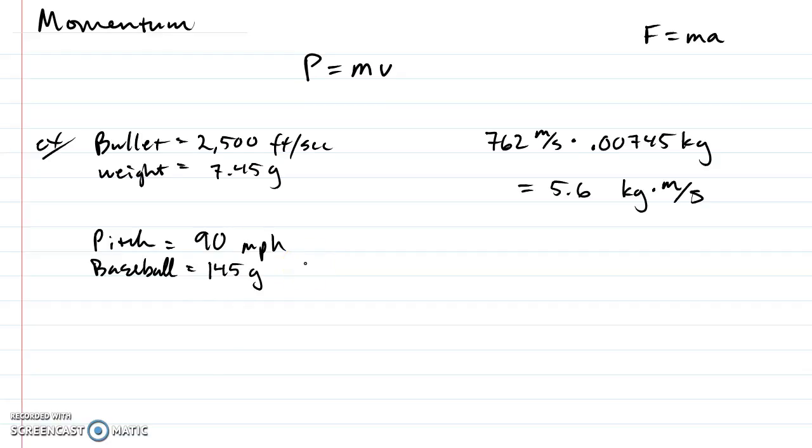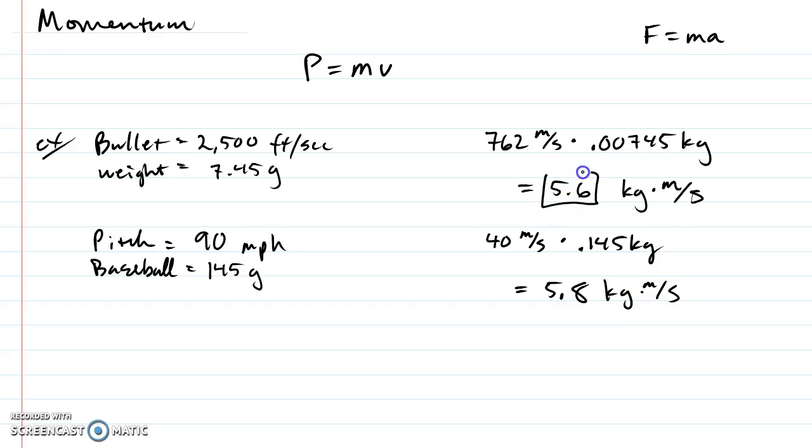So 90 miles per hour, if you go backwards, is about 40 meters per second. When you multiply that by 0.145 kilograms, you get 5.8 kilogram meters per second. So an average bullet has about the same momentum as a baseball pitch, which I thought was pretty surprising.